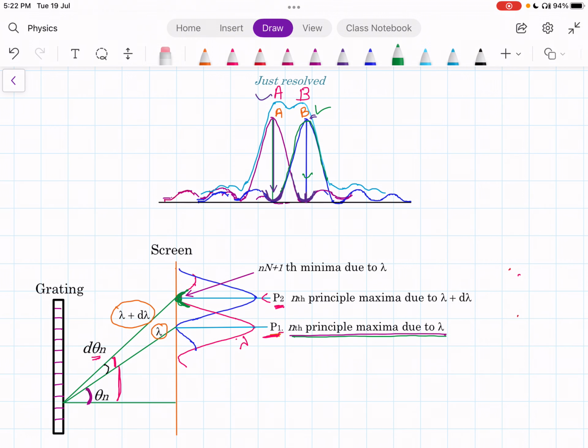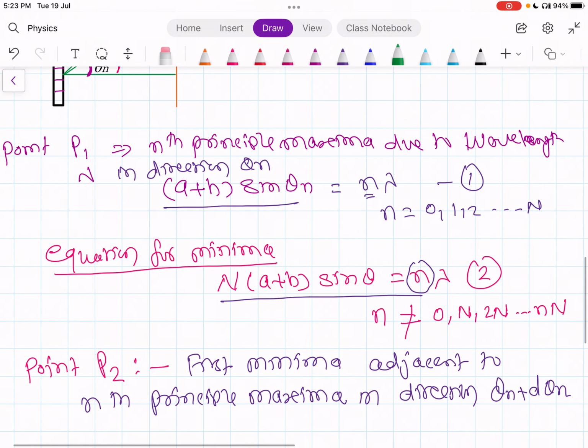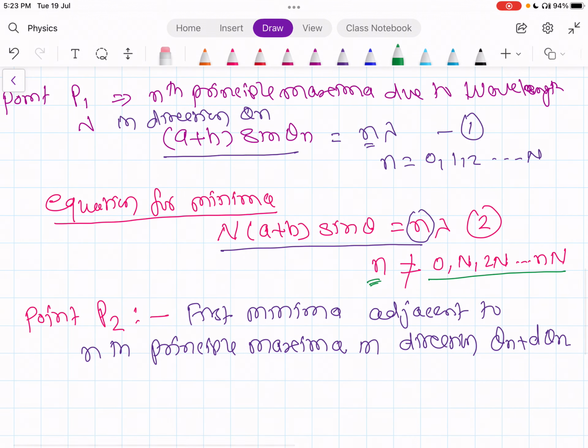Then what would be the value of n? This n cannot have these values. So this n can have the value nN plus 1.